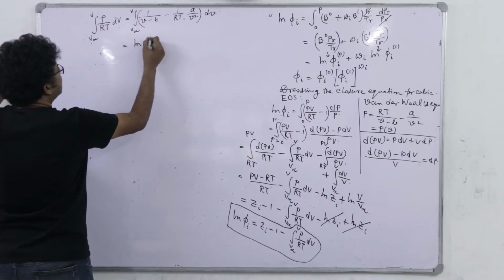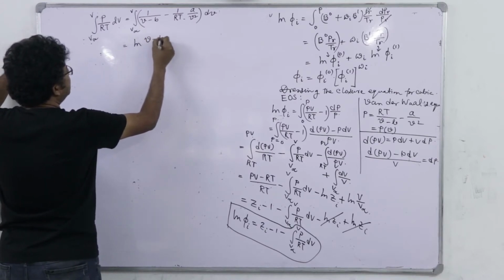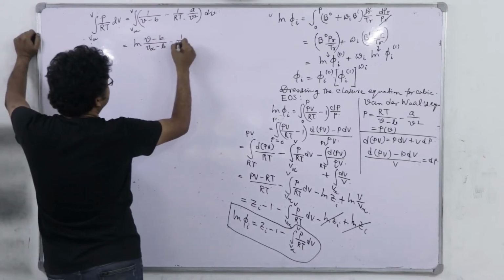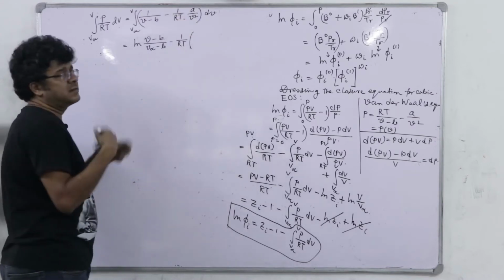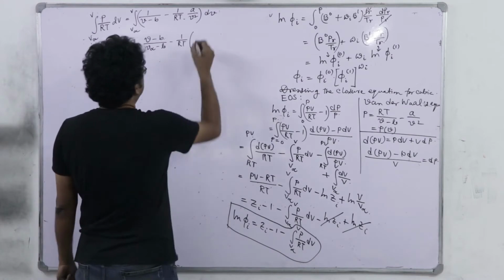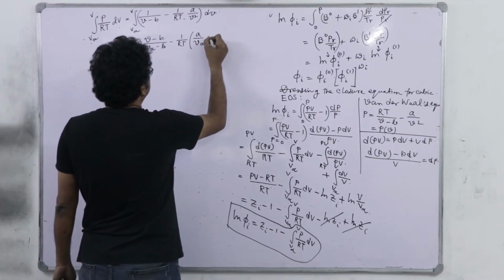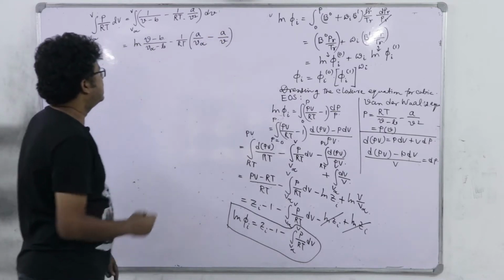So, this is becoming V minus b divided by V infinity minus b, minus 1 by RT. This will be minus of a by V upon integral. So, a by V infinity minus a by V, right.